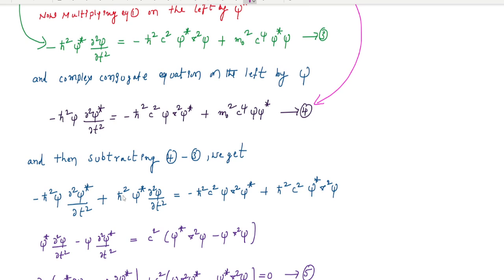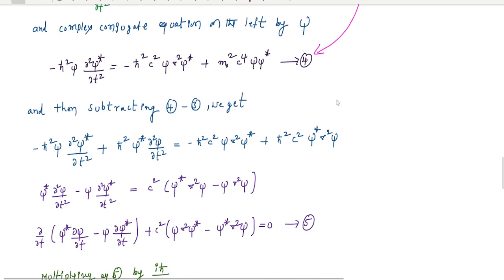Minus into minus plus h cross square psi square dou square psi divided by dou t square equals, we'll get these two terms cancelled, right? The remaining term is this one, minus h cross square c square psi del square psi complex, minus into minus, plus h cross square c square psi complex del square psi. These two terms are going to cancel each other. So this is the equation.